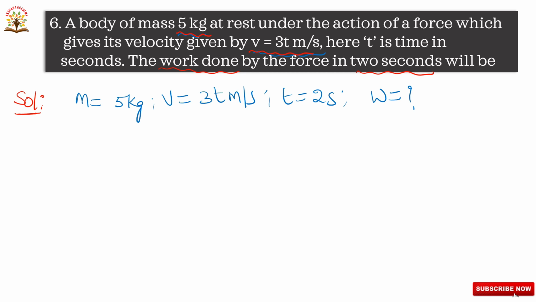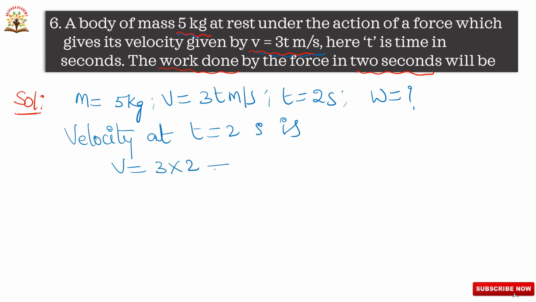So now the velocity at t = 2 seconds is v = 3 into 2, that is equal to 6. So v = 6 meters per second.